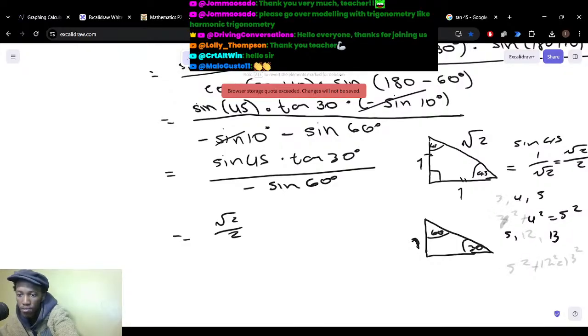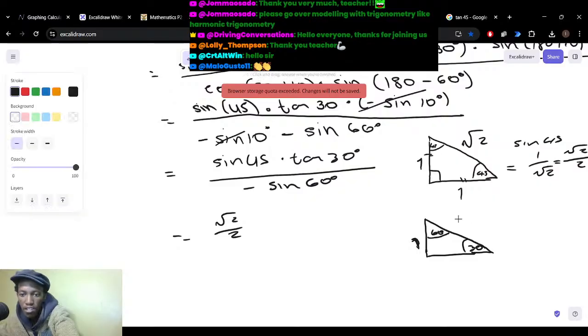Alright, so here the simplest triplet is that this is 2, this is square root 3. Is it square root 3? Yeah, this is square root 3. Why?